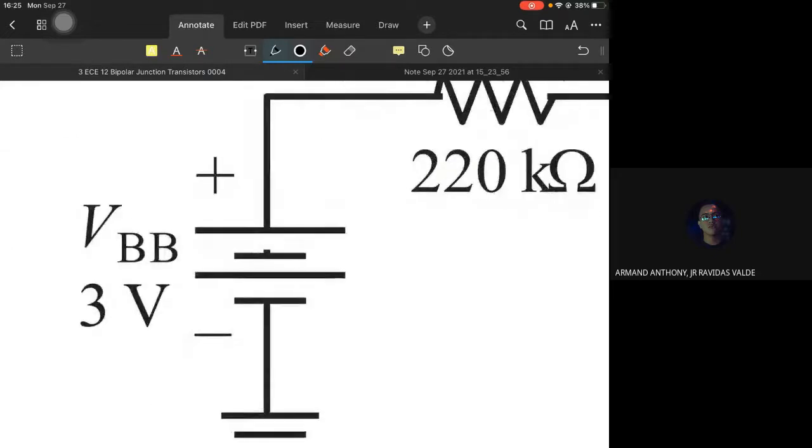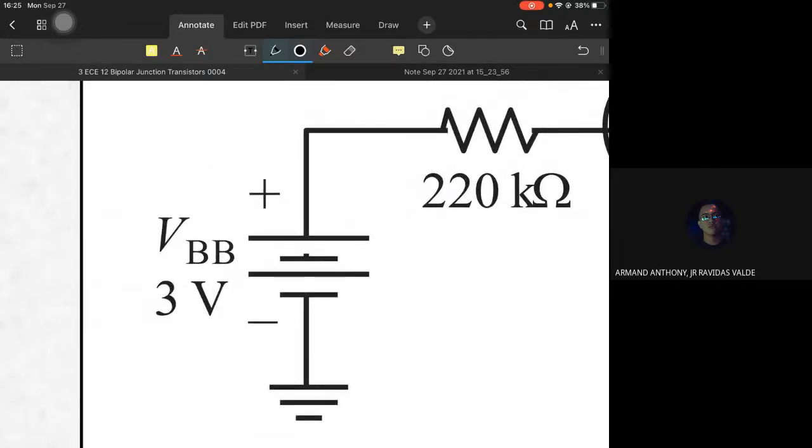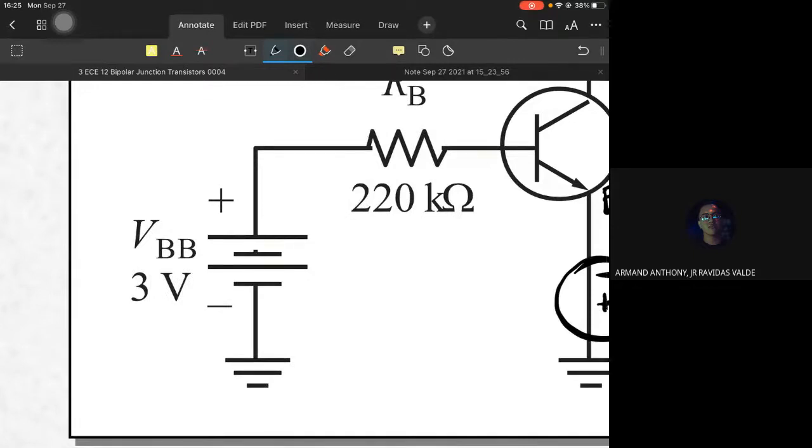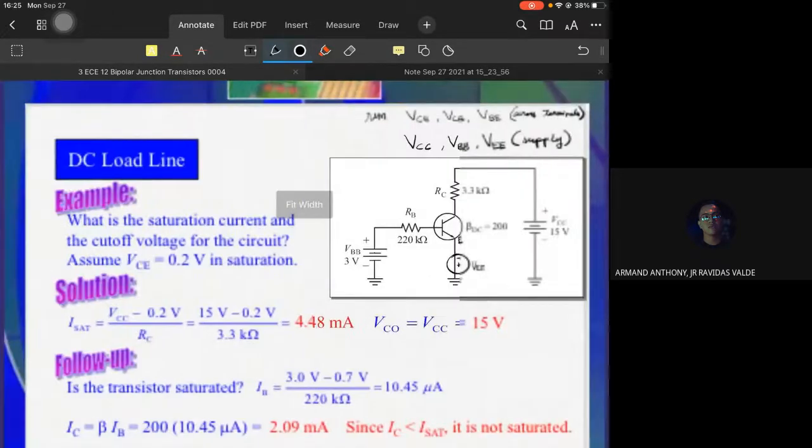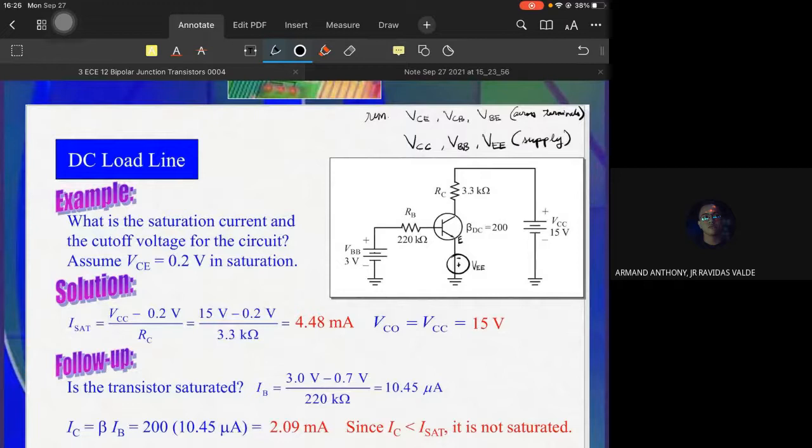Same here, the supply voltage at the base is VBB. The currents are just IC, IB, and IE. There is no ICE, no ICB, no ICC, no IEE or IBB. Those are for voltages.